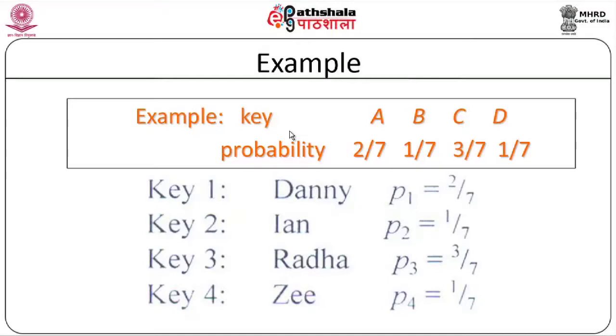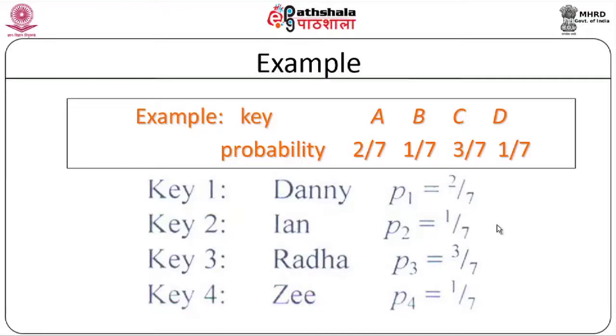Let us have 4 symbols: Danny, Ian, Radha and Z. Let us assume that these are the various keys 1, 2, 3, 4, that is A, B, C, D, and let us assume that these are the various probabilities that are associated with all these keys. So, the question is very simple. Given these 4 keys, how to construct the optimal BST for this particular problem.